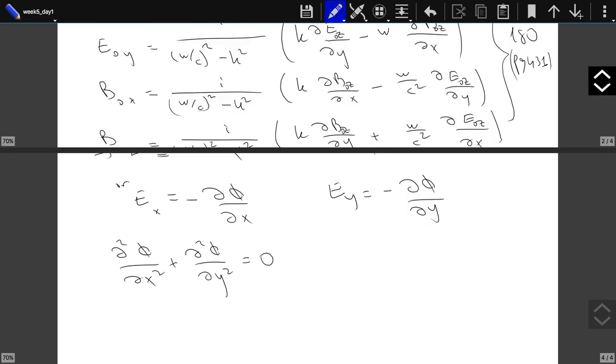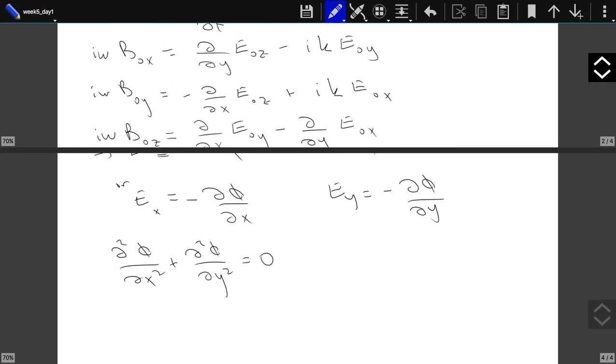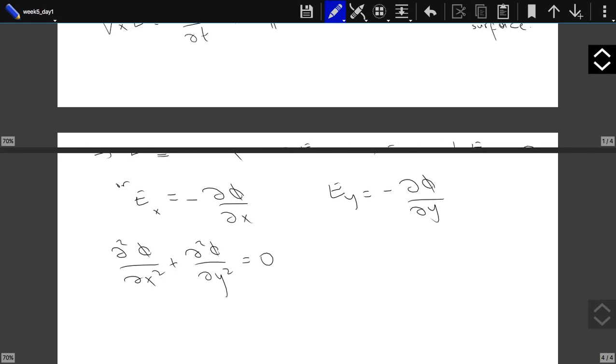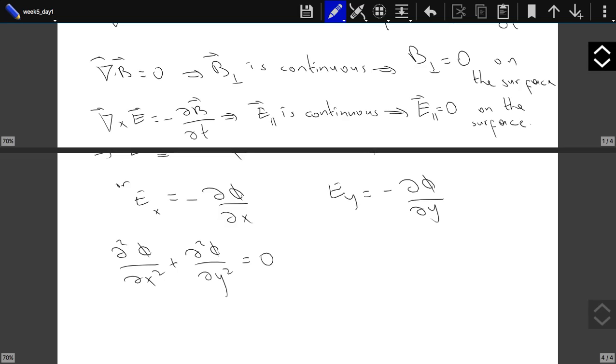Well, what are the boundary conditions? You see, on the boundary, E parallel is 0.